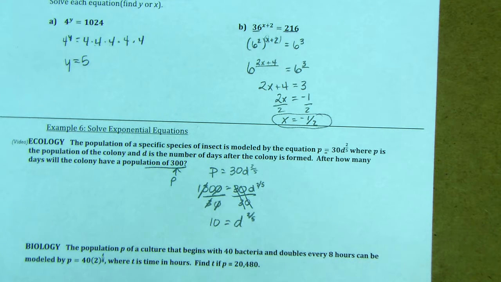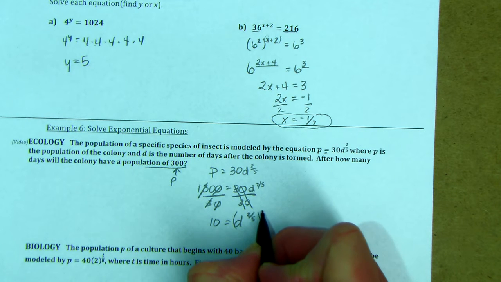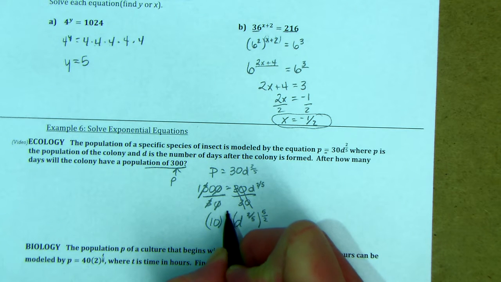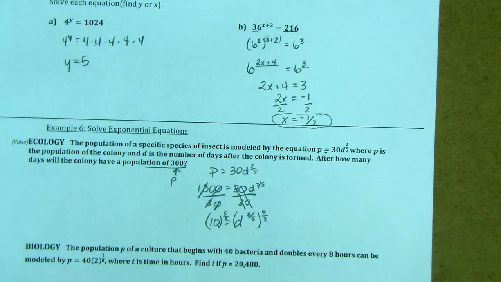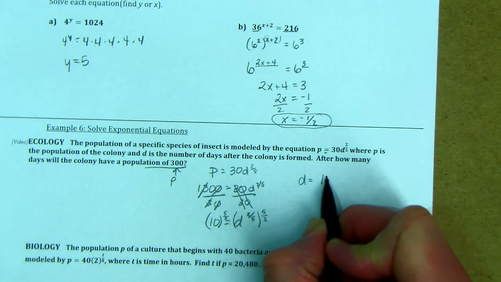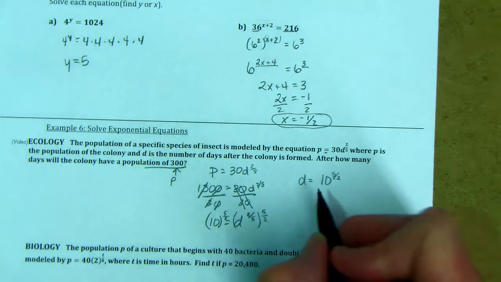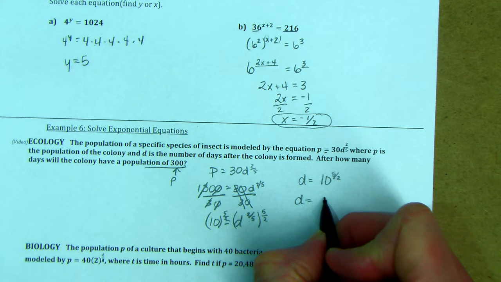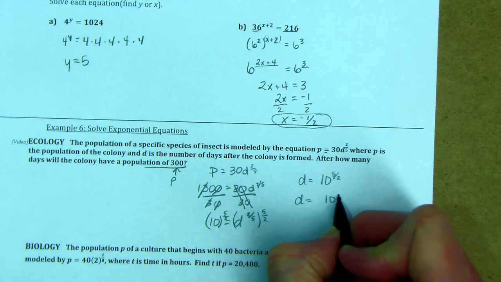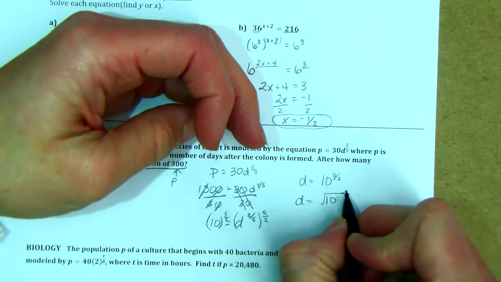How can I get rid of that fraction? I am going to raise it to the reciprocal power, because when I multiply these two exponents, the reciprocal power will make it 1. So d equals 10 to the 5/2, or d equals the square root of 10 to the 5th power.